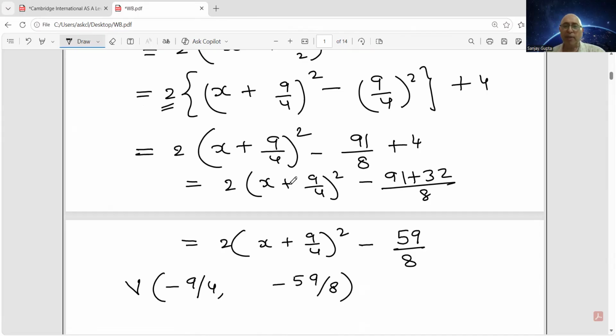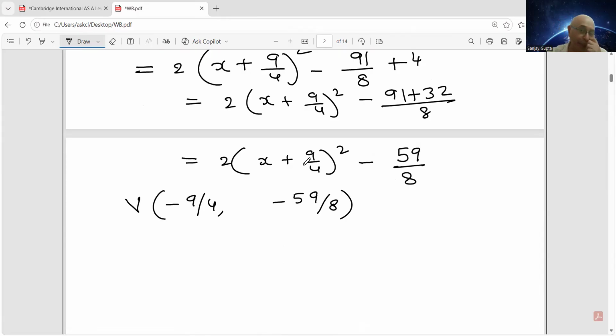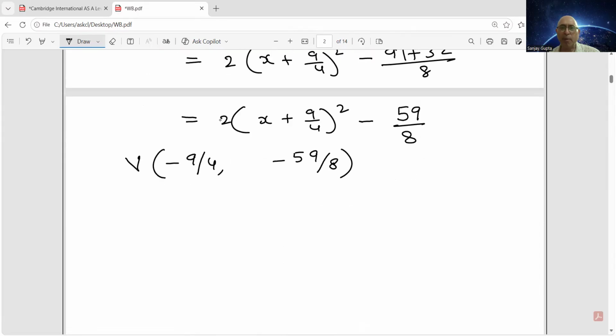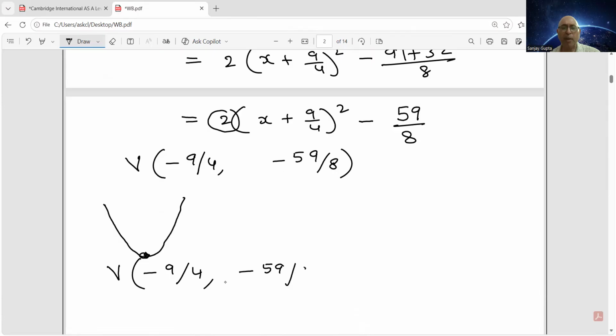Be very clear, it is x plus, and I told you the form as a times x minus h whole squared minus k. Then the vertex is h comma k. So the vertex is minus 9 by 4, but this a is positive. So it will be a parabola like this, where the coordinates of the vertex are negative 9 by 4 and minus 59 by 8, which means this is a minimum.